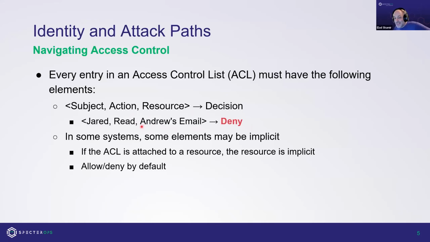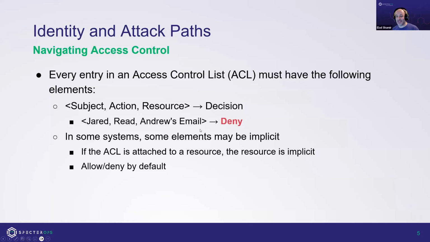Now, in some cases, there are additional elements in an access control entry. For example, there could be additional conditions that must be met, such as MFA or a compliant device, or time or location constraints. Some of these elements might be implicit rather than explicit in the access control entry.